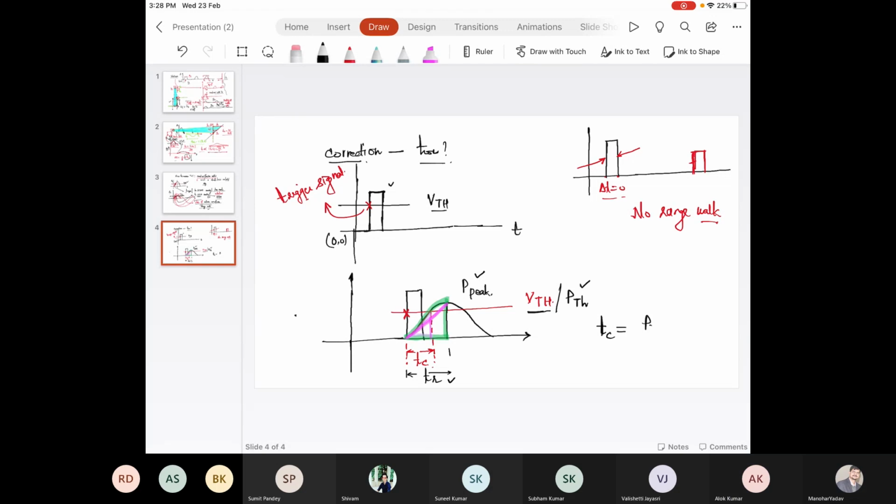TC is equal to, see, one level we are considering this, another we are considering this. So TC is related with this power. This is TC and this is PTH. So TC divided by PTH is equal to, now you consider the second one.